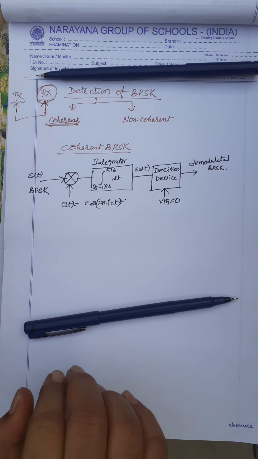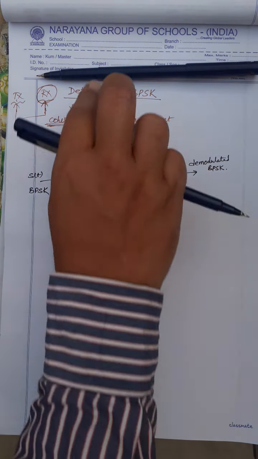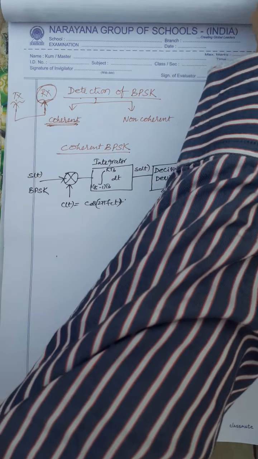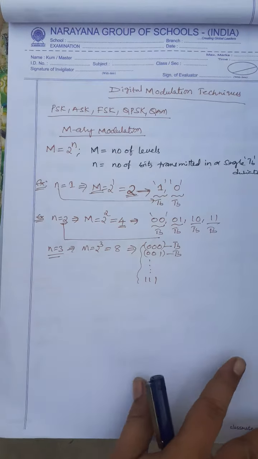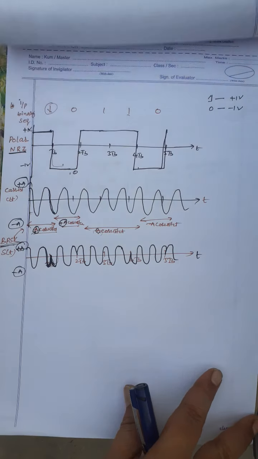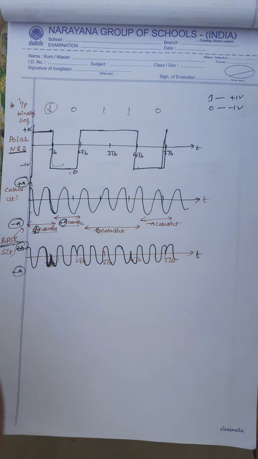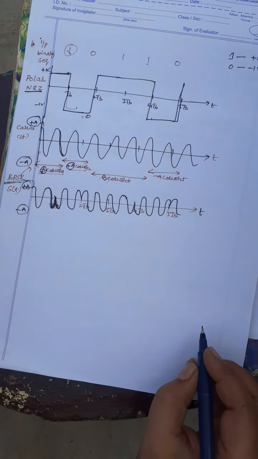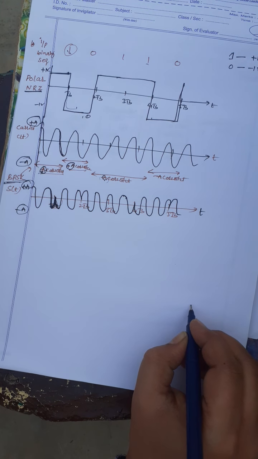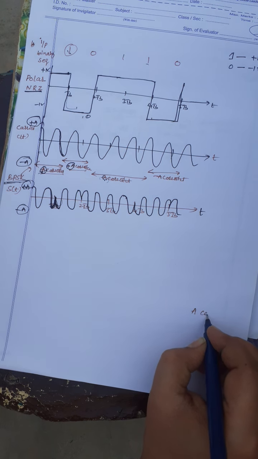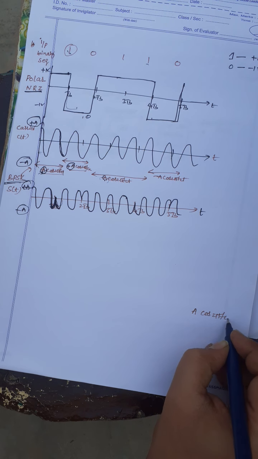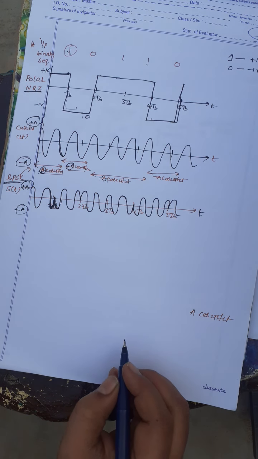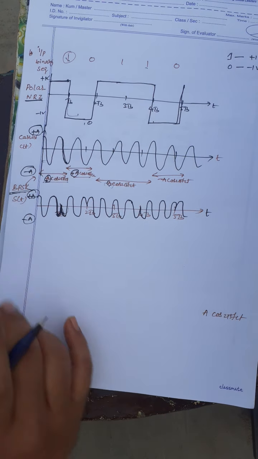Now see here. What is the carrier signal? The carrier signal is cos 2 pi fct. This is our carrier signal, right? What is the power of the carrier signal?